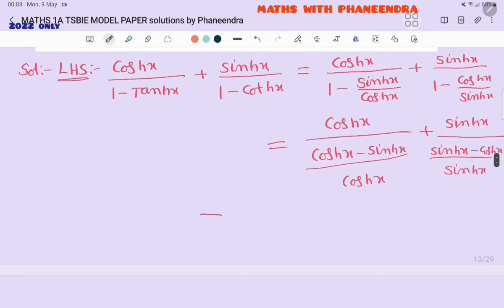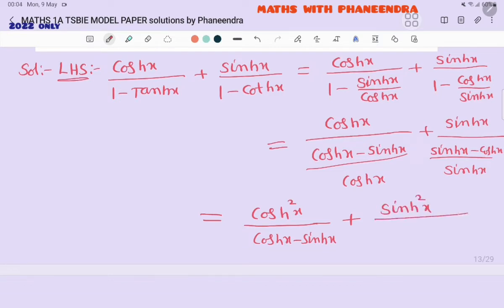So the denominator of the denominator becomes numerator, so cosh square x by cosh x minus sinh x. Here sinh x minus cosh x is there in the numerator. Before that, I take sinh x as denominator of the denominator, it will become numerator, sinh square x by sinh x minus cosh x.